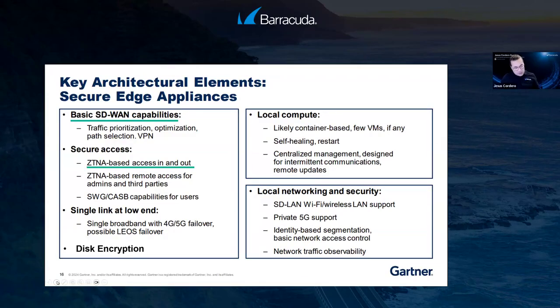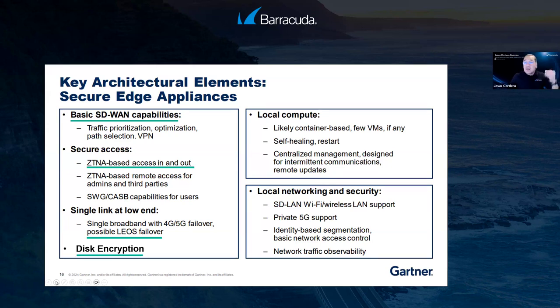Then we have zero trust network access for inbound and outbound. It can be with any kind of link you are using. For those of you who don't know what LEO is, it's the Starlink kind of low Earth orbit satellites. All these kinds of new technologies are available there as well.